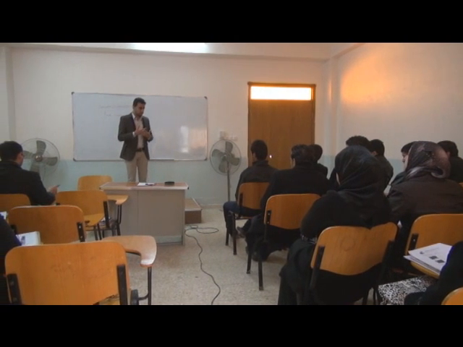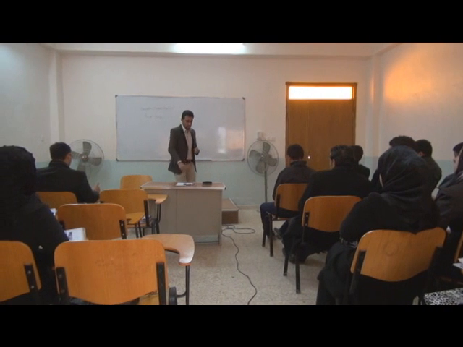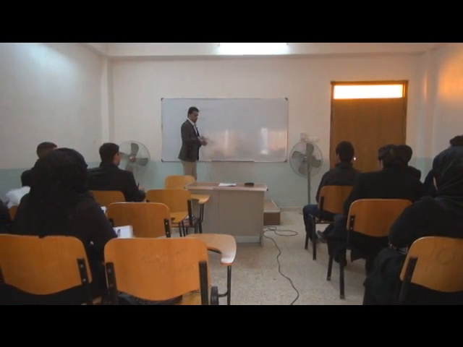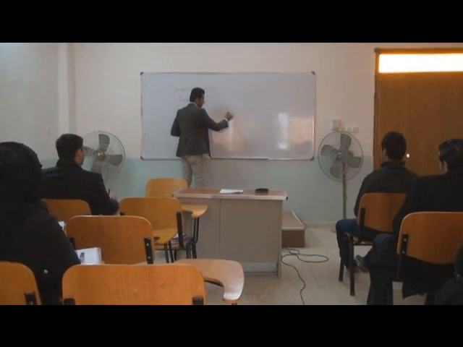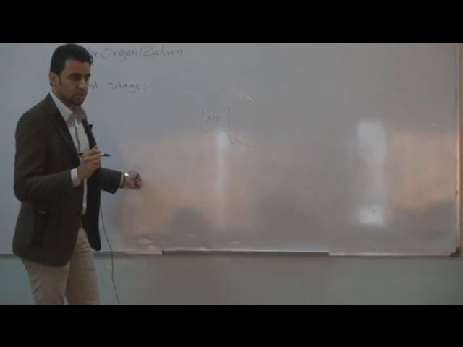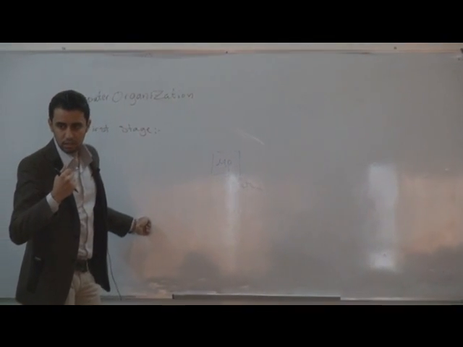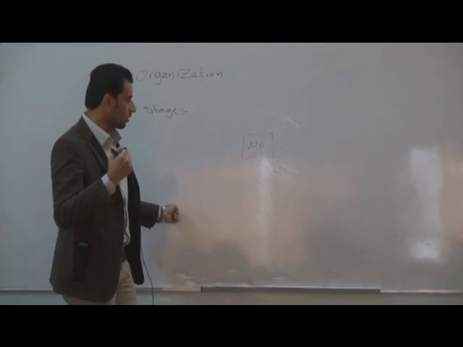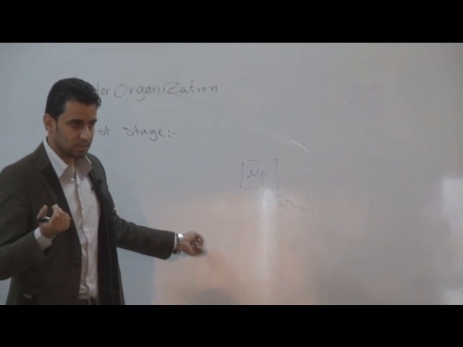I think all of you remember that diagram that we wrote. If you don't remember, when the microprocessor wants to execute an instruction, the first thing it does is fetch the instruction, from where? From the hard disk.